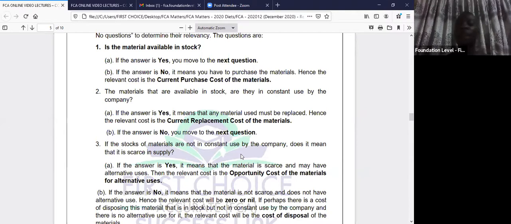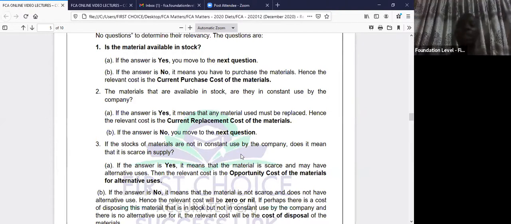You could have two answers, yes or no. If you say it is scarce in supply, you answer yes. That means it's a scarce commodity. There is likely an opportunity to use this same material for alternative purposes.